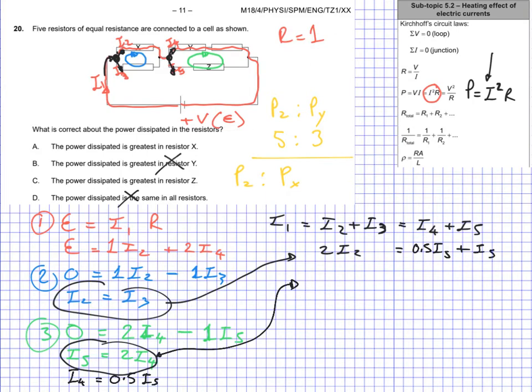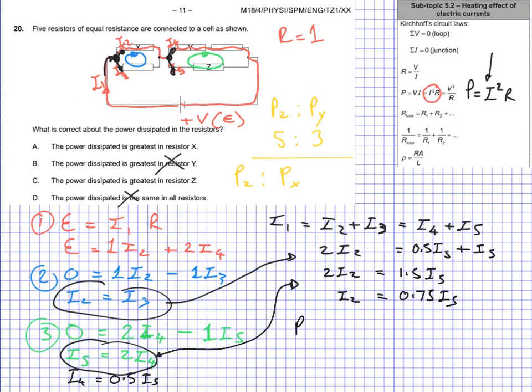Okay, so let's simplify that a little bit more. We're going to go 2I2 is equal to 1.5 I5s. And then, of course, I2 is going to be 0.75 I5s. Okay, let's put that into our power dissipation formula.